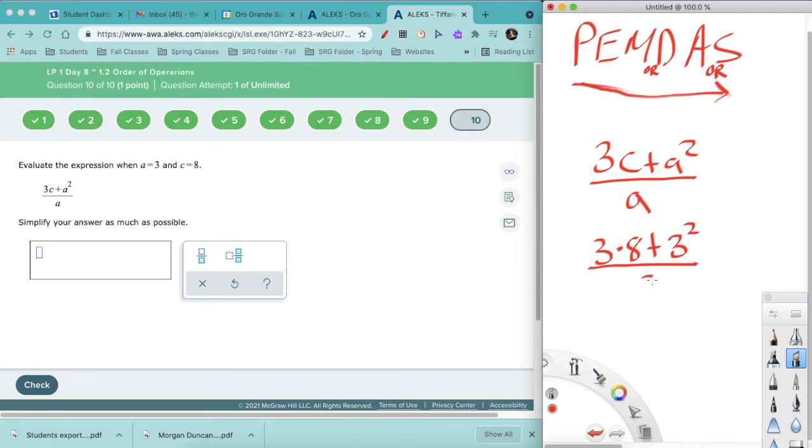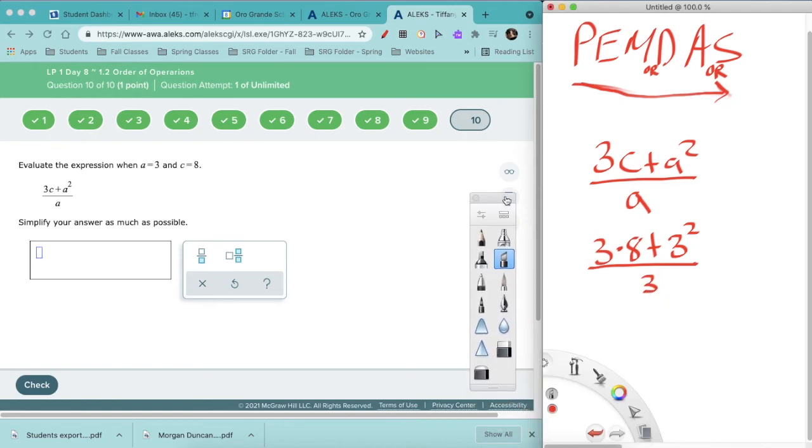So first, let's simplify the top here. So we have to do order of operations on the top. Exponents come first. So 3 times 8 plus, it's not 3 times 2, it's 3 times 3. So 9 over 3.